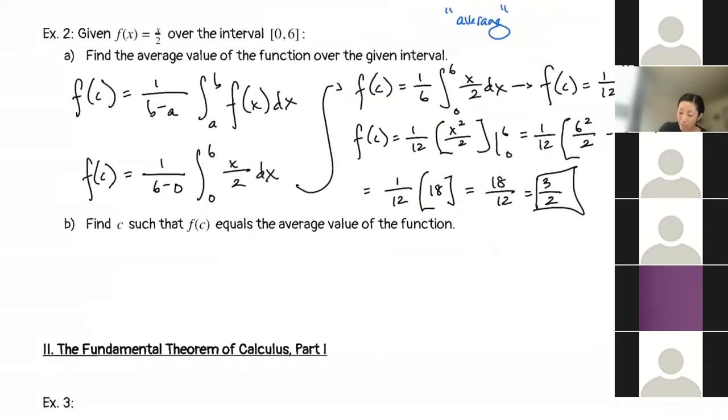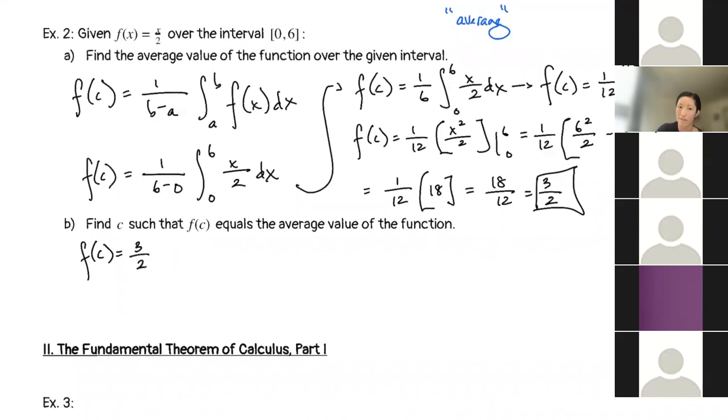Okay, so part B. Part B says find c such that f of c equals the average value of the function. When we're looking at this particular question, we know now from part A that f of c equals 3/2.